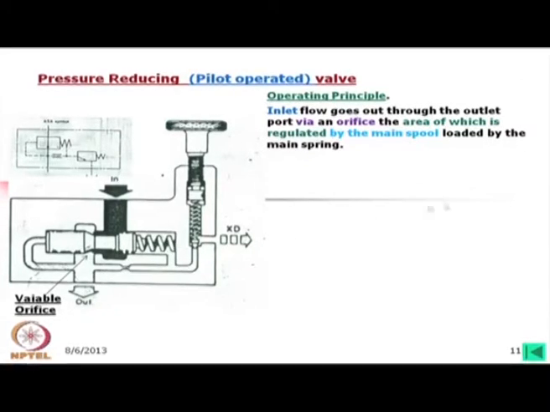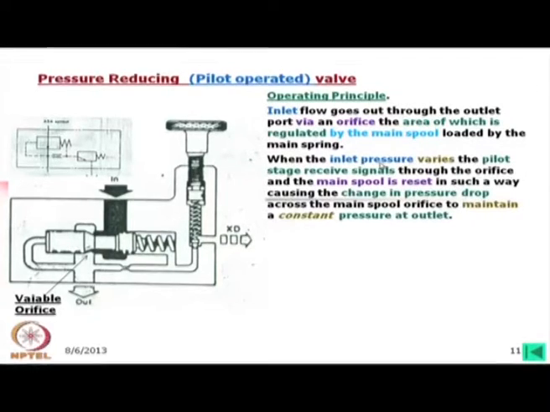Then when the inlet pressure varies, the pilot stage receives signal through the orifice and the main spool is reset in such a way, causing the change in pressure drop across the main spool orifice to maintain a constant pressure at outlet. This means, when here this opens, then this will reset to the controlled pressure.